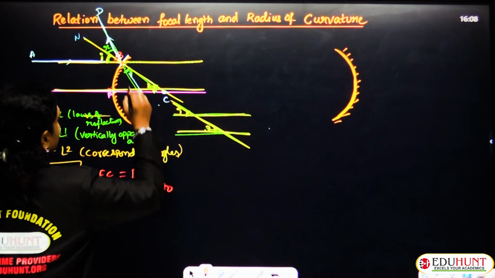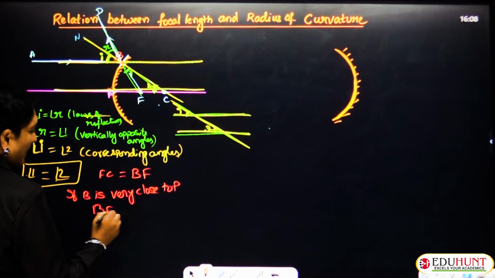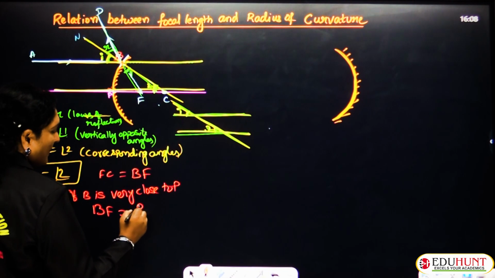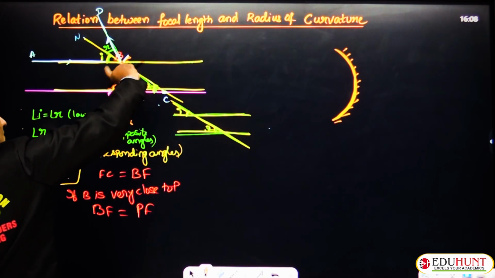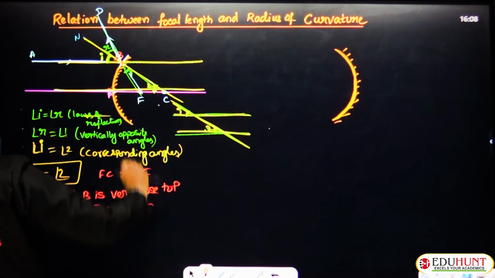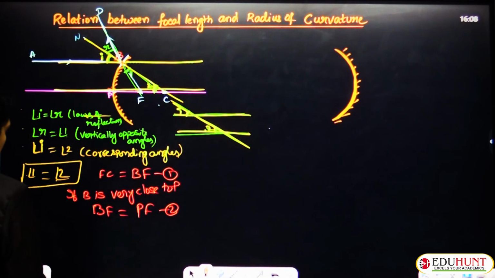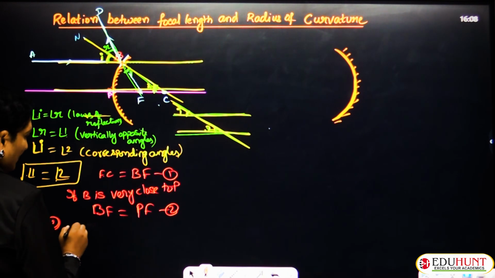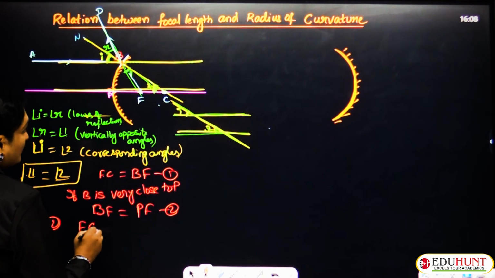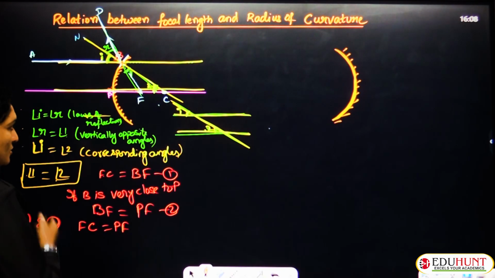Instead of BF, I can write PF. So, from equation 1 and equation 2, since FC equals BF and BF equals PF, we have FC is equal to PF.